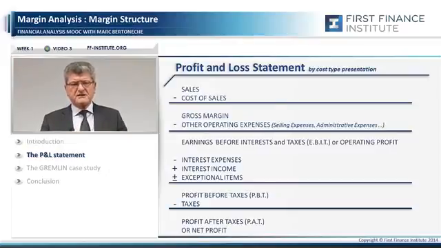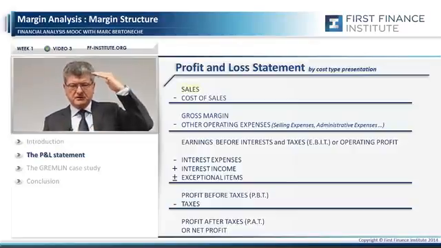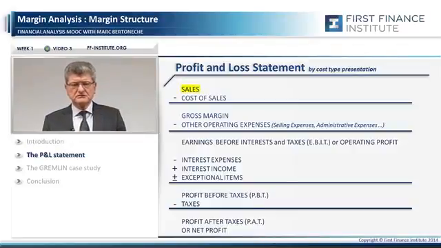In the remainder of our presentation on financial analysis, we'll use the first presentation as it is the most commonly used, the one with cost of sales, and as I've already said, this is the one shown in our case, Gremlin. So let's remember the structure of the P&L statement, the profit and loss. We start with sales or revenues, deduct the cost of sales, the cost of producing what I am selling, and we get the gross margin.